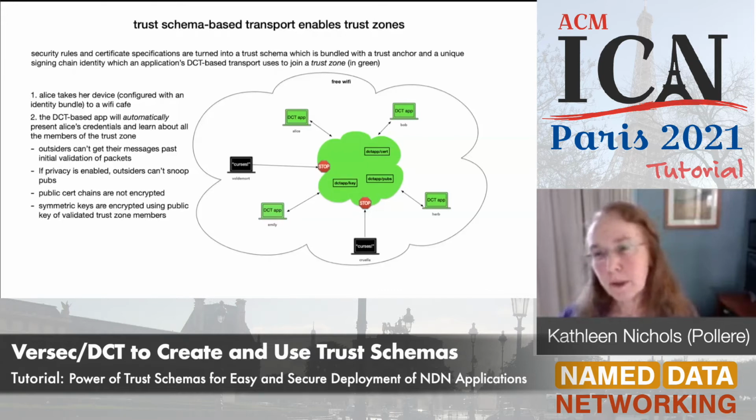So here I'm showing the trust zone in green. The idea here is that Alice takes her device, which has already been configured with an identity bundle, into a Wi-Fi cafe. Her DCT-based app is going to automatically present her credentials, that is her signing identity and the whole chain. Then it's going to learn about all the other members of the trust zone.